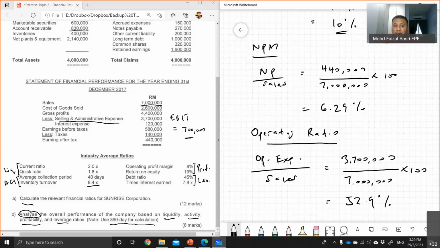If the question uses one decimal, you use one decimal. If it's like this, you round up the percentage, you can round up. I don't mind. So at least have a reference. So in this case, the operating ratio is 52.9 or 53%. Again, we cannot compare. We don't have any point of reference in the question. But we can calculate it, a 52.9% ratio.